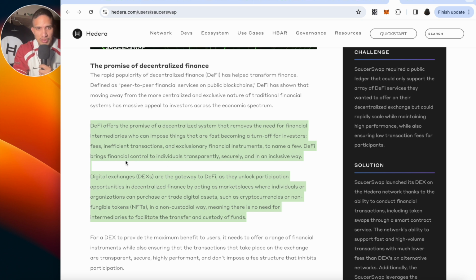DeFi brings financial control to individuals transparently, securely and in an inclusive way. Digital exchanges, DEXs, are a gateway to DeFi as they unlock participation opportunities in decentralized finance by acting as marketplaces where individuals or organizations can purchase or trade digital assets such as cryptocurrencies or non-fungible tokens.